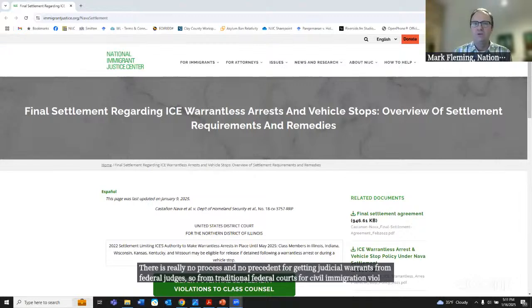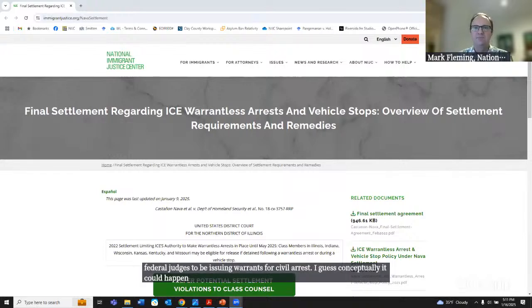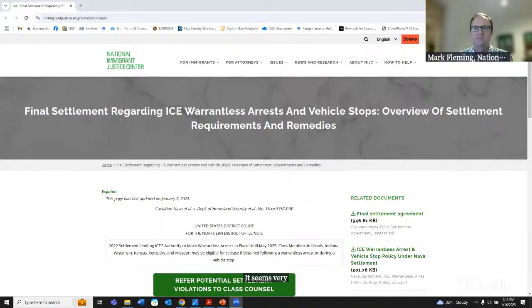And arguably, there is no authority for federal judges to be issuing warrants for civil arrests. Conceptually it could happen, but it seems very unlikely for them to be able to do it at any scale.